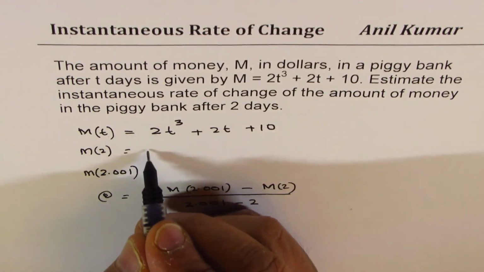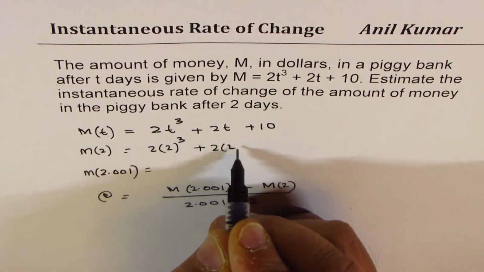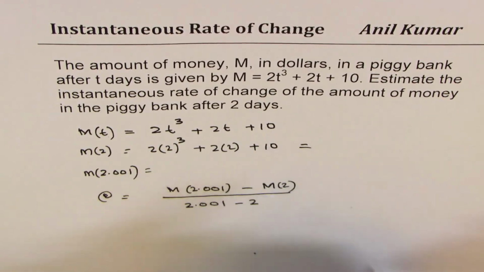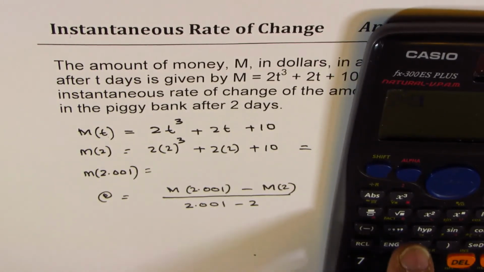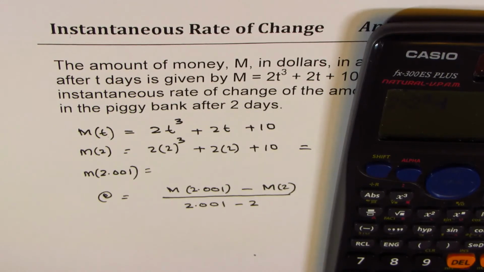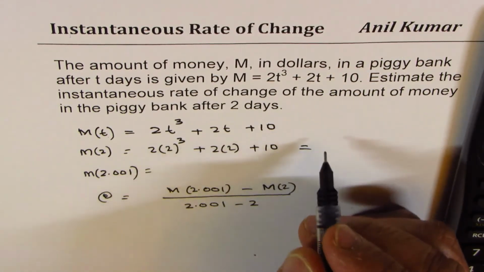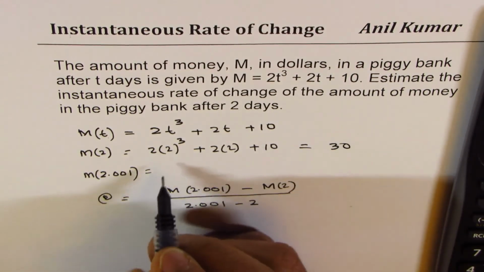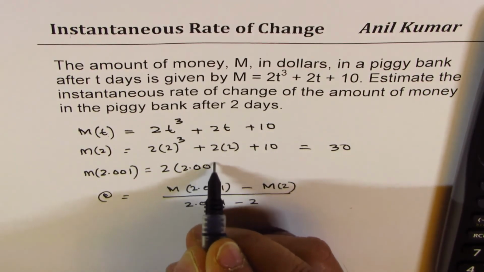So let's substitute 2 first. 2 cubed plus 2 times 2 plus 10. Let's calculate. We have 2 times 2 cubed plus 2 times 2 plus 10, which is equal to 30. Now let's replace 2 by 2.001.